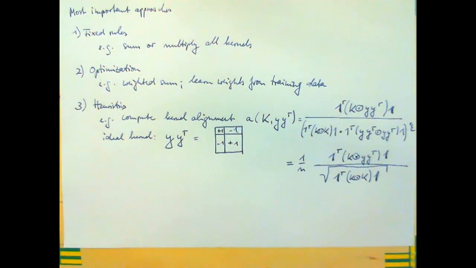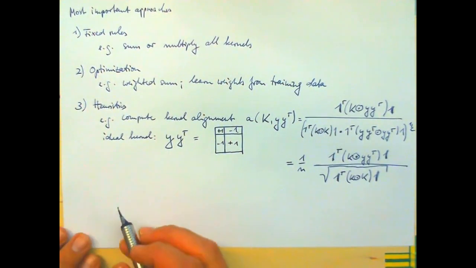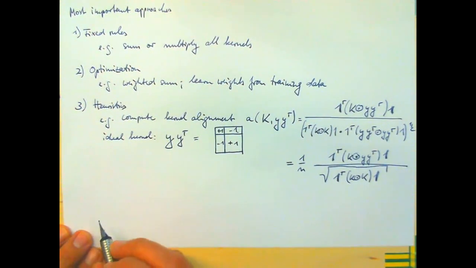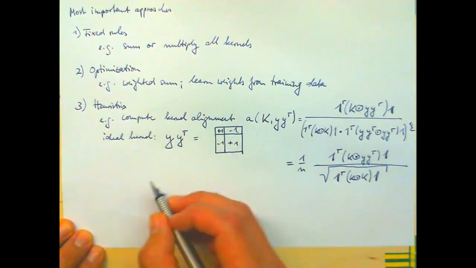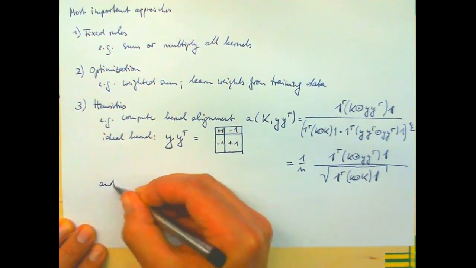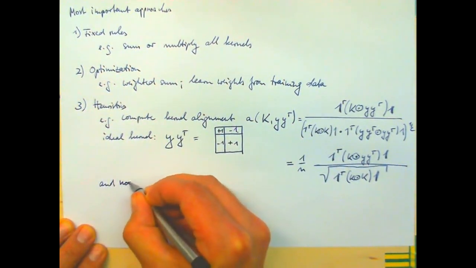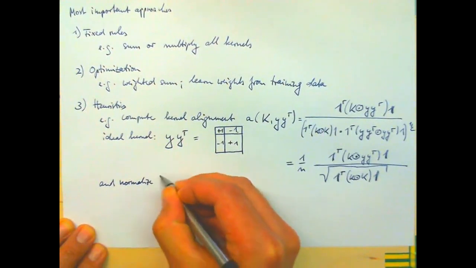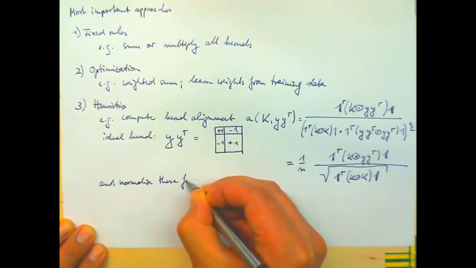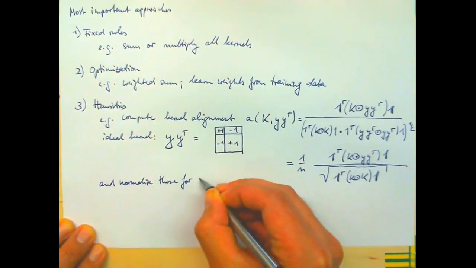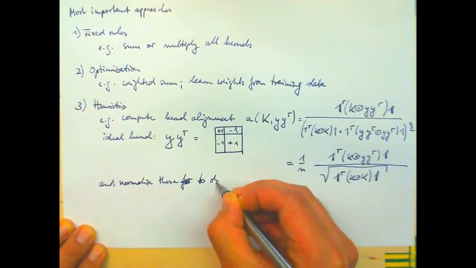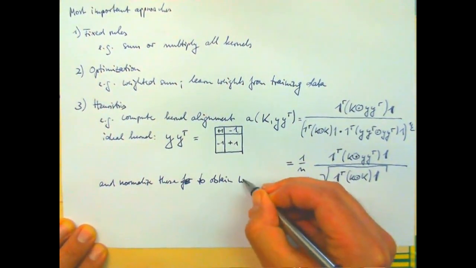This is Cristianini 2003. And now a heuristic suggests to use normalized alignments as weights in a sum. So e.g. compute the kernel alignment and normalize these to obtain a weighted sum of kernels.